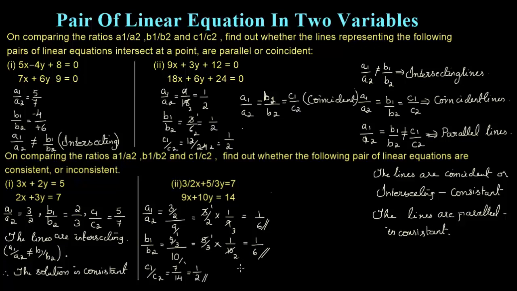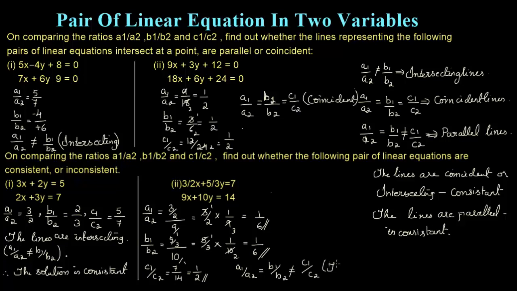So what is the thing you are getting here? You are observing that a1 by a2 is equal to b1 by b2, but it is not equal to c1 by c2. So if this is the condition, what can you conclude?